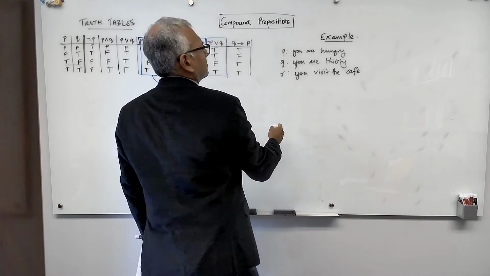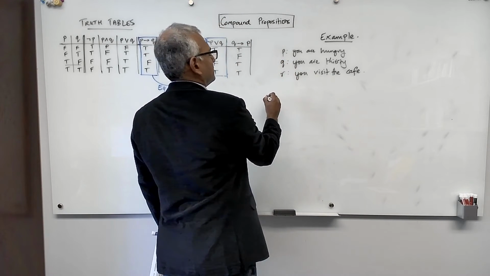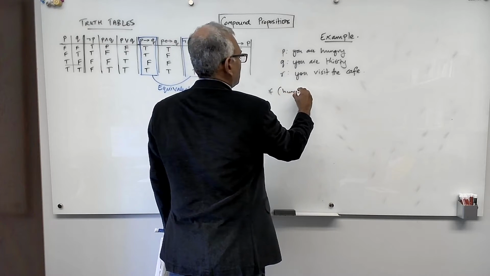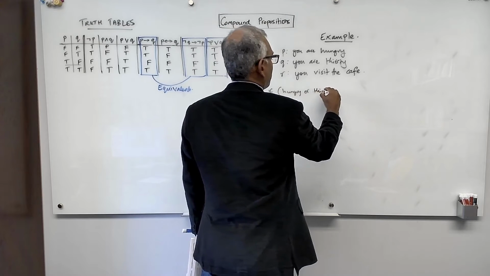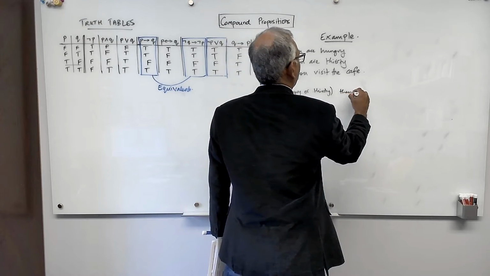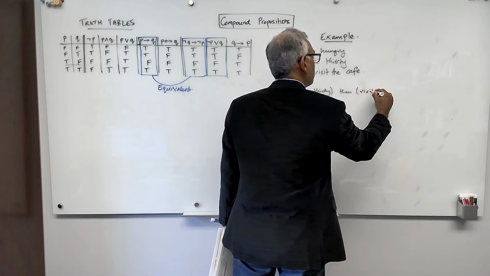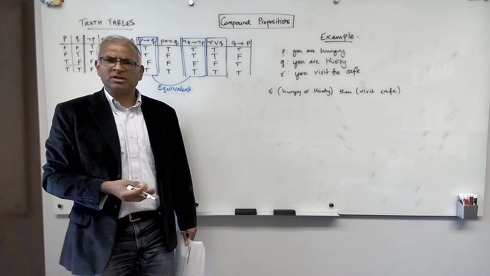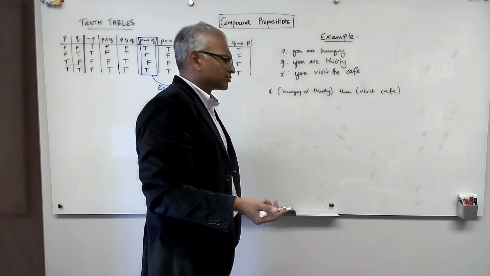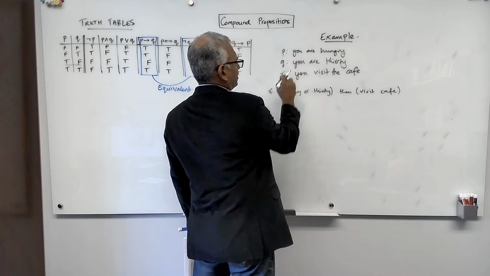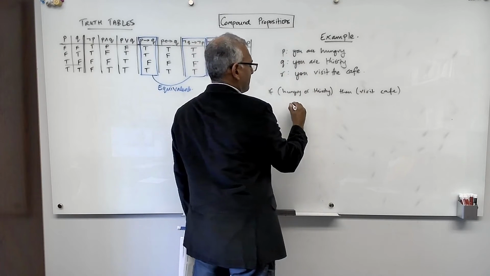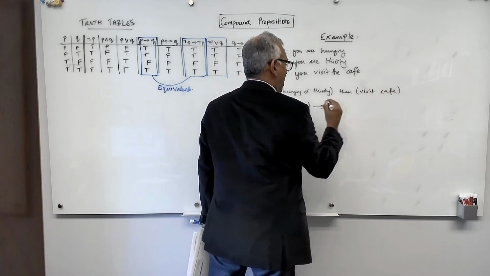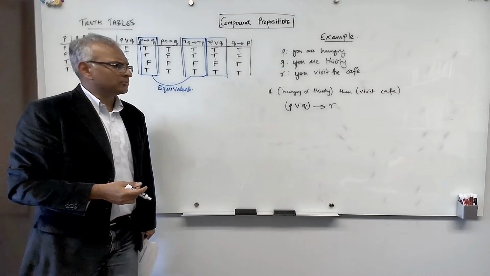So if you're hungry or thirsty, then you visit the cafe. It's a reasonable implication. It's certainly plausible. We might think it's true, so let's just assume it's true. What this means is that P or Q implies you visit the cafe, R. That's now an even more complex compound statement.